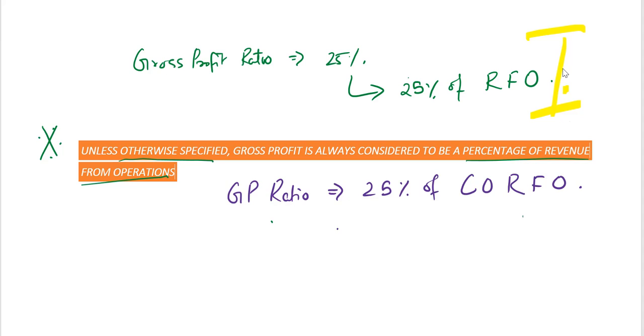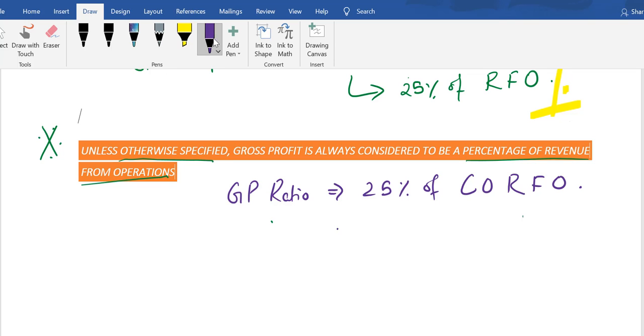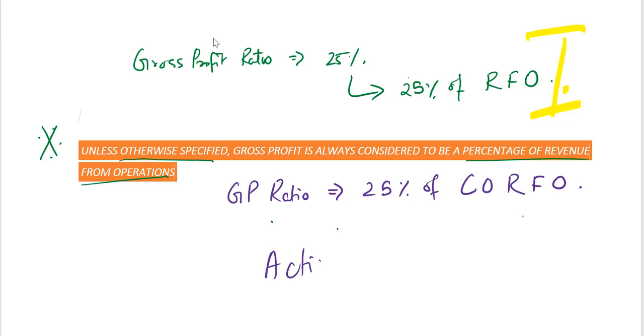Now this information is vital not only for calculation or solving sums under profitability ratios, it's also relevant for solving sums under the head of activity ratios or performance ratios.